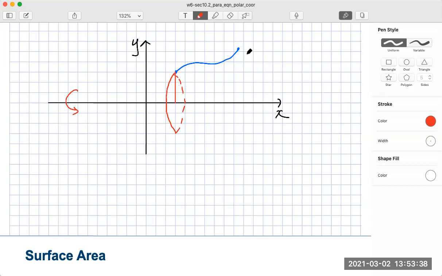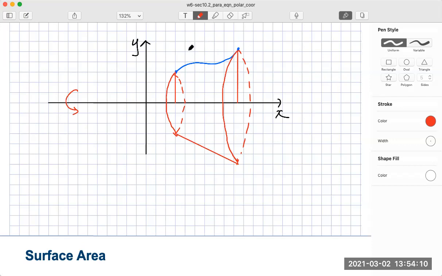And here, this one is right here. When we rotate it, it will create this circle. And the surface we are computing, can you imagine it? Just here. Look at this.